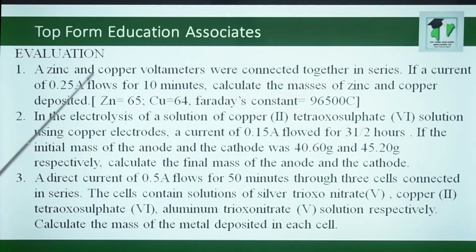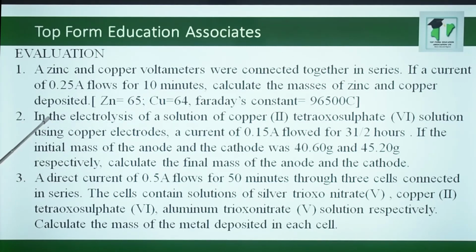You can calculate the quantity of electricity used. Find the mass of either zinc or copper deposited, and then substitute in m over m1 C1 is equal to m over m2 C2 to calculate the other gram of the metal.